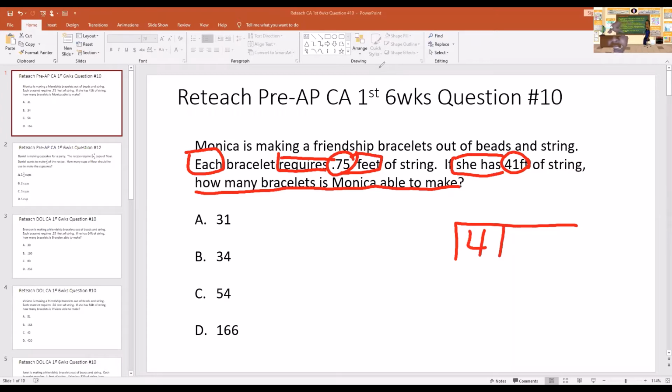On the outside, we will have 7/500 because we're dividing 41 feet of string by 7/500 to see how many individual pieces we can get. We want to know how many times 7/500 can go into 41 feet of string.